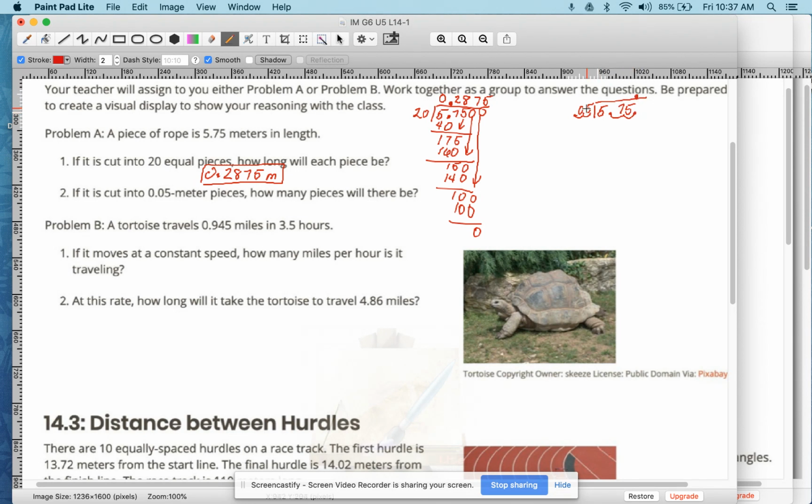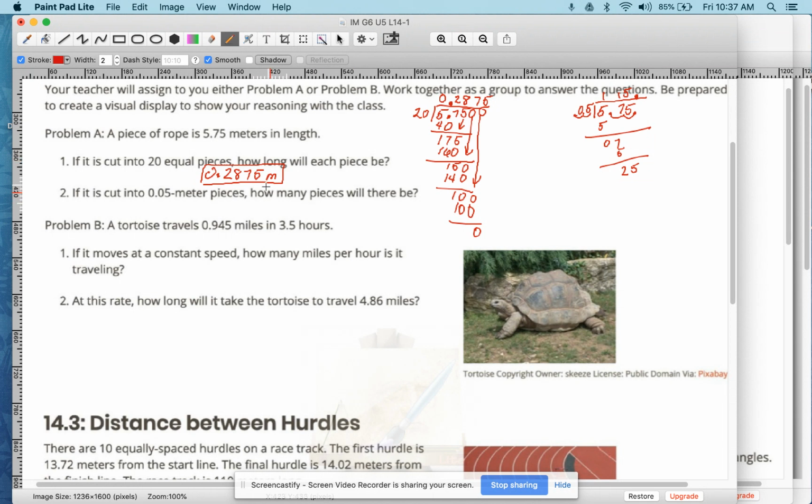So now I have 5, because the 0 before doesn't make any difference anymore because I moved the decimal. So 5 goes into 5 one time, and that's 5. And bring the 7 down. 5 goes into 7 one time, and that's 5. Subtract and get 2. Bring my 5 down. 5 goes into 25 5 times.